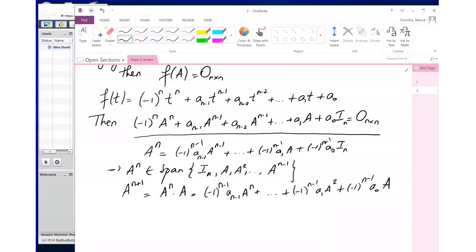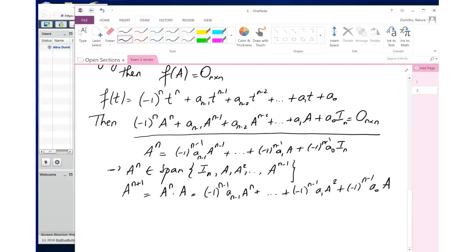But I want it to be a linear combination of identity through a to the n minus 1. Can I get rid of a to the n in there? I mean, not just by deleting it.